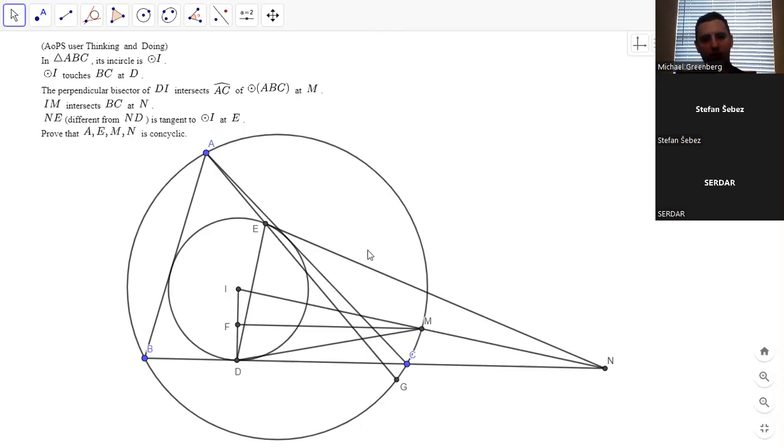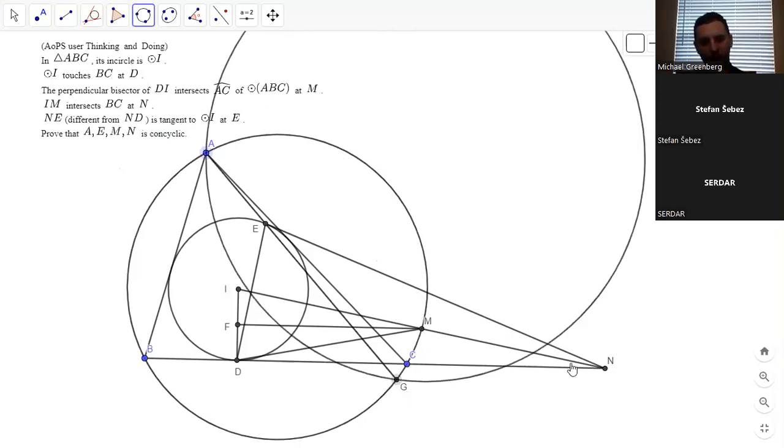Can you check if M is the center of AGN?